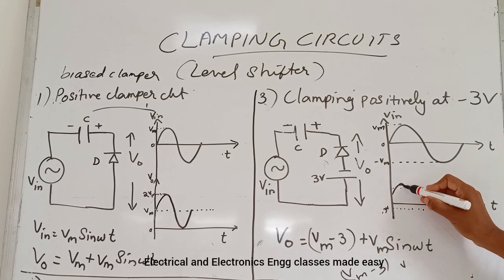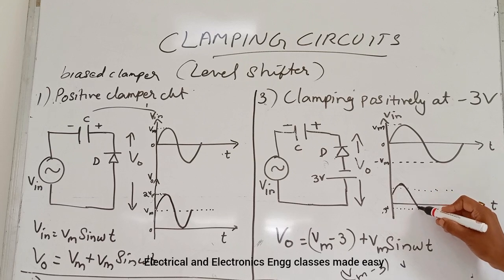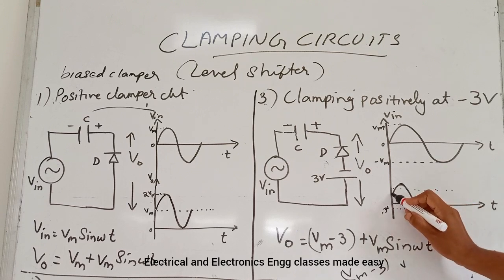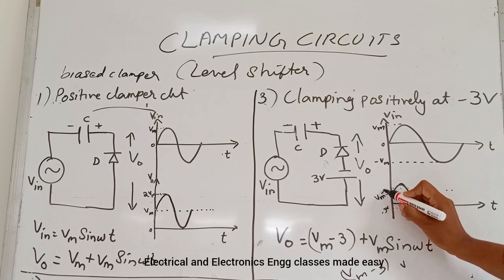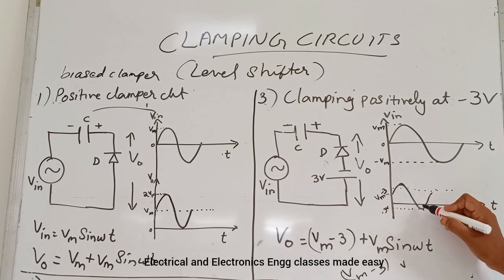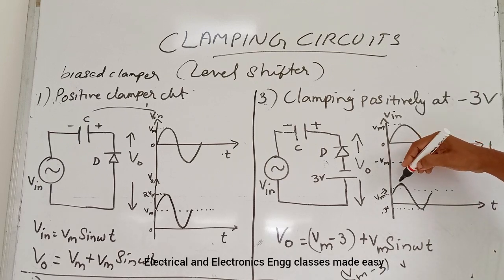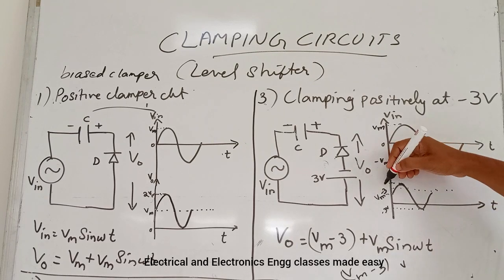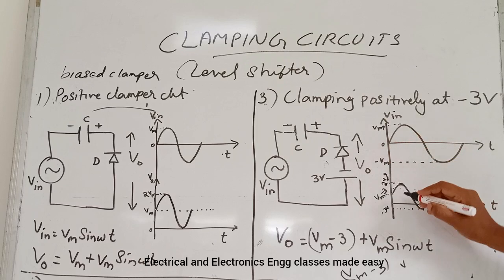So in the negative portion a minus 3 volt is coming. So this is Vm minus 3, and this is minus 3 volt, and this is also 2 Vm minus 3. So this will be 2 Vm minus 3 volt.